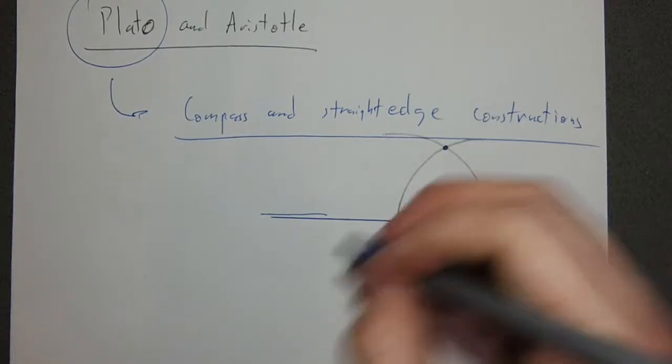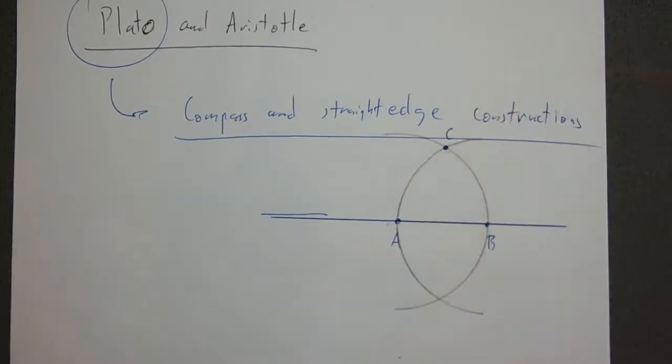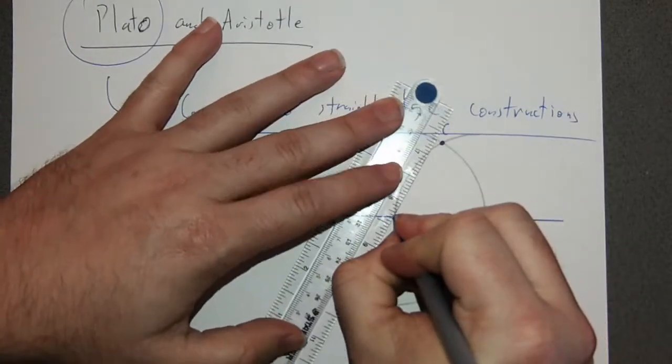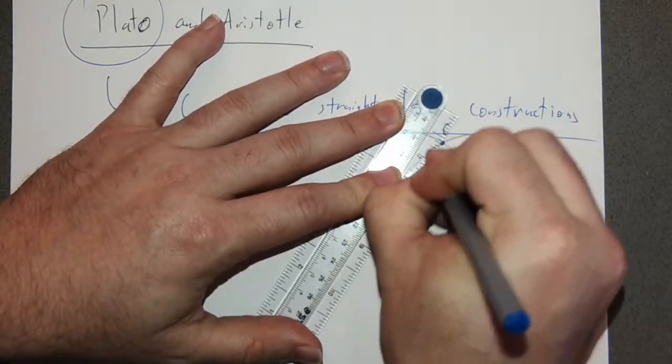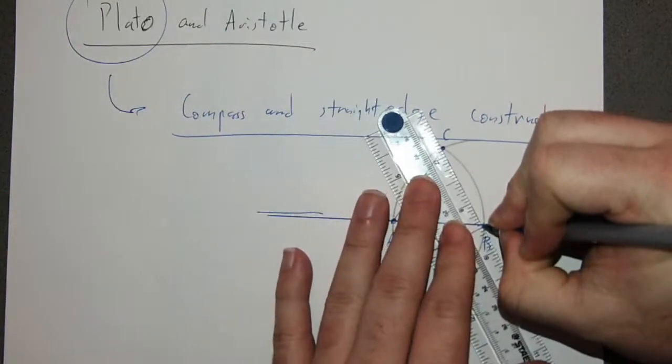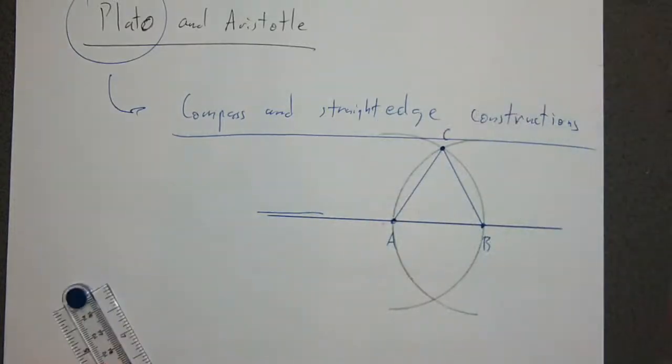I'll call this point C, and I will draw these edges in using my straightedge, which I'm allowed to do. What did I just construct?